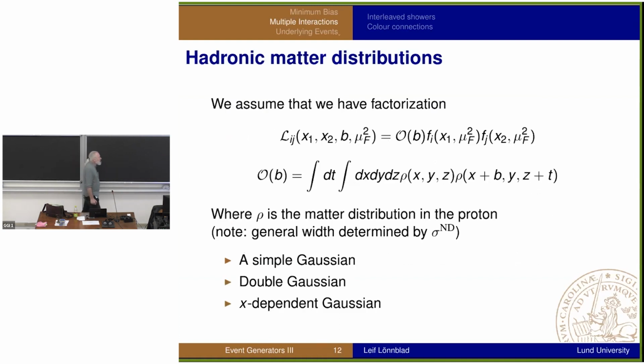So in principle, you will have some kind of parton luminosity function that depends on x1 and x2 and on the impact parameter between the two protons.